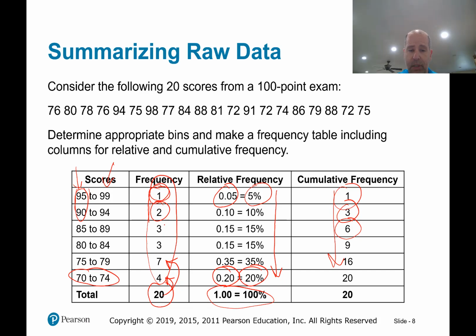So it's 3 plus 3, which equals a running total of 6. And then if you add another 3 from the next class, class number 4, you get 9. And then class number 5 has 7, so you add 7 and 9, and you get a running total of 16. And notice how at the very end, it always adds up to the sample size. Okay? All right.